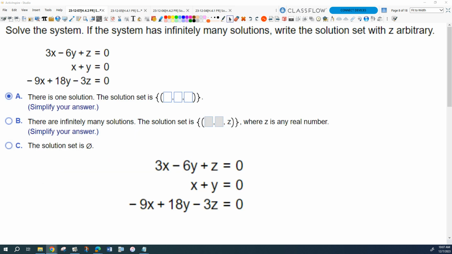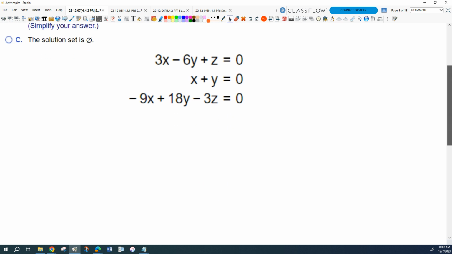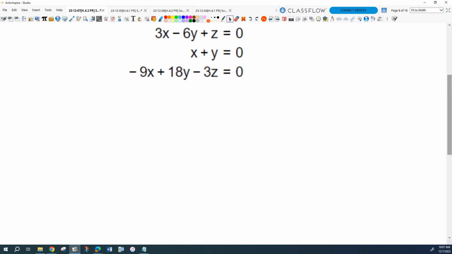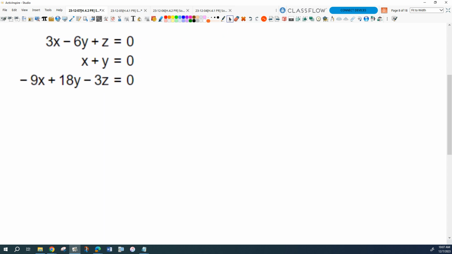Okay, so help me out with this one. What are we going to do? Which variable do we want to eliminate? Top and third one by 3. Good idea. Okay, so if we do that, I guess I can scoot this guy over. I could multiply this one through by 1/3.